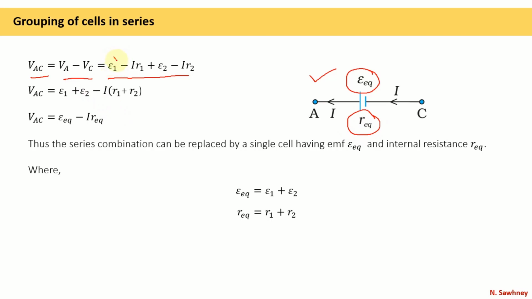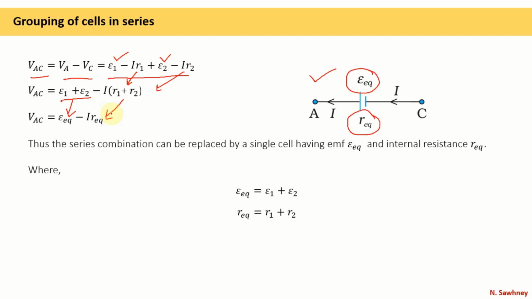See carefully in the equation. E1 plus E2 can be written together and the rest of the terms can be written together so that the internal resistance forms a single term. So the equivalent EMF will be the sum of the two EMFs of the cells, and the equivalent resistance will be the sum of the two internal resistances of the two cells.